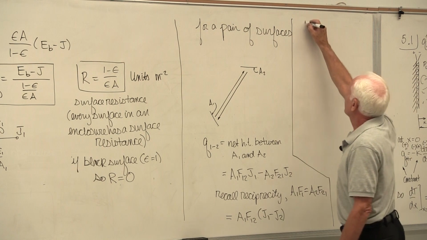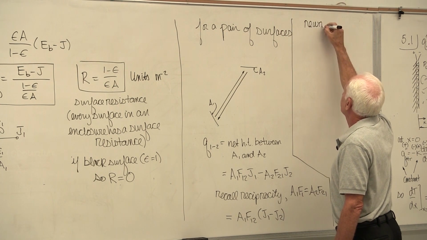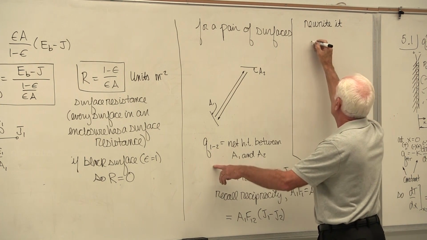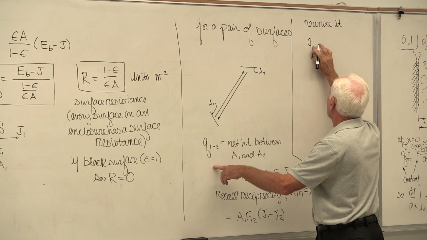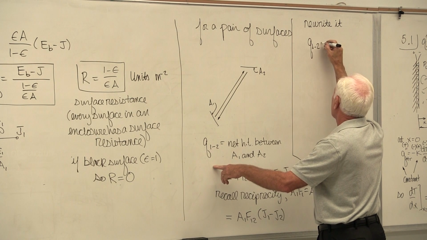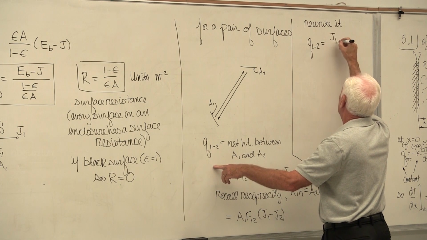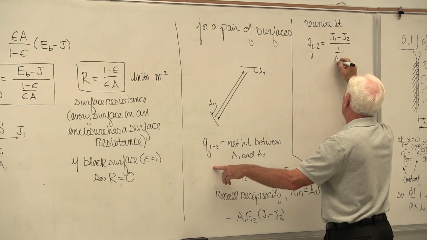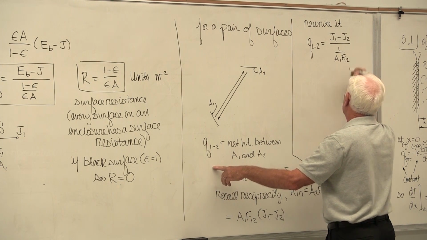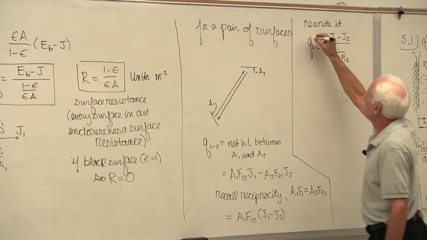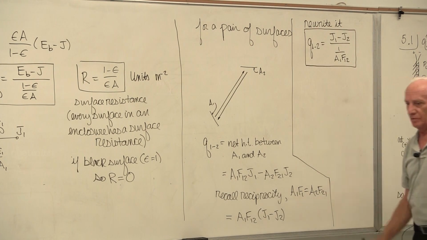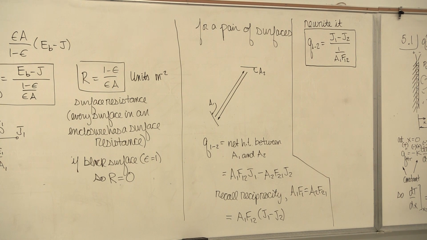Rewrite it, and we get Q12 equals J1 minus J2 divided by 1 over A1 F12. Q12 is the net exchange of thermal radiation between the two surfaces A1 and A2.